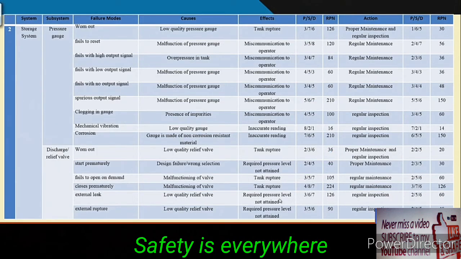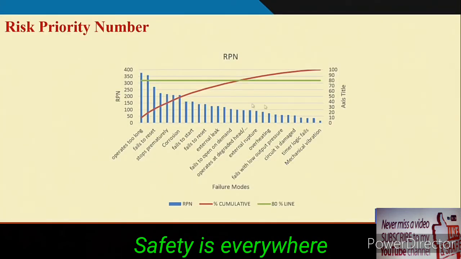Then similarly for the storage system: pressure gauge, discharge valve, so many failure modes, the causes, and ultimately the effects, the RPN, the action. So this is the table; you have to prepare a similar table. When you have so many failure modes and you have computed their RPN, you develop a Pareto chart.